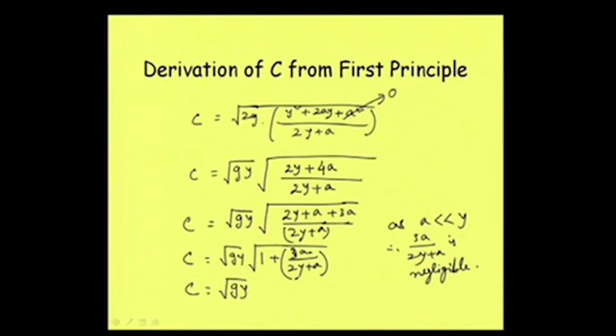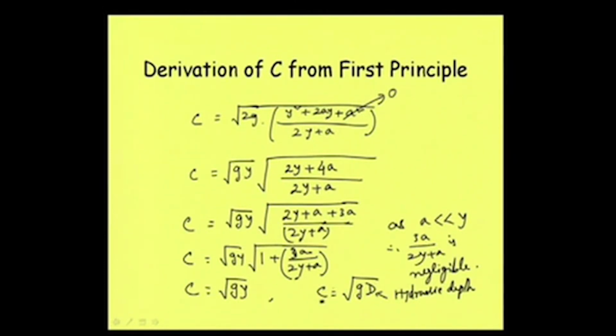So we write c is equal to root over g d, where d is the hydraulic depth. For a rectangular channel this will become y, but for a trapezoidal channel it will be a by t. So using this expression also we can get the value of c.